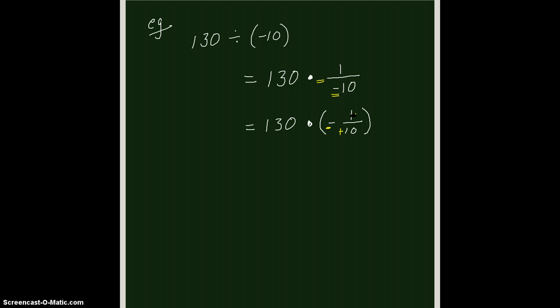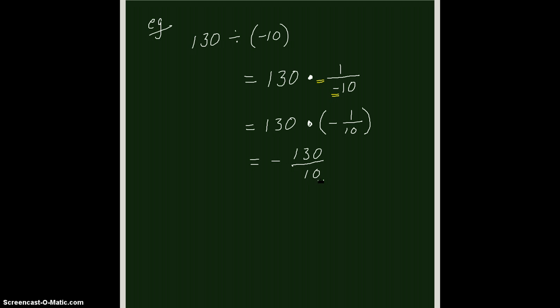But what it gives me is a multiplication, and I have a positive number, 130, times a negative number, 1 over 10. So we know if they're different signs, I get a negative number. It's 130 times 1, and 130 is in the numerator, so there's a 1 in the denominator, times 10.